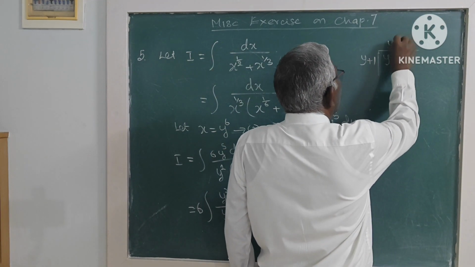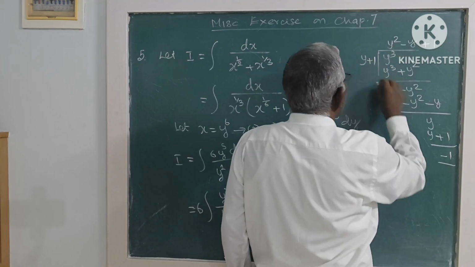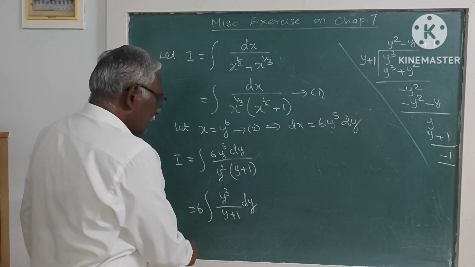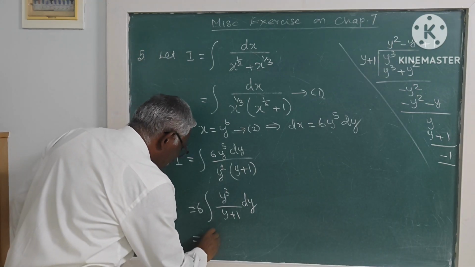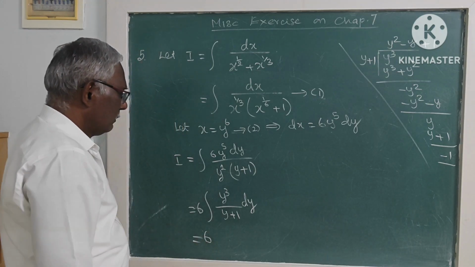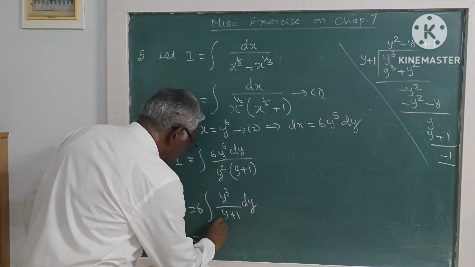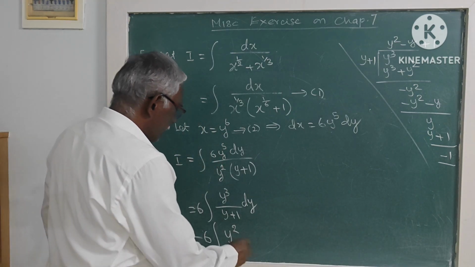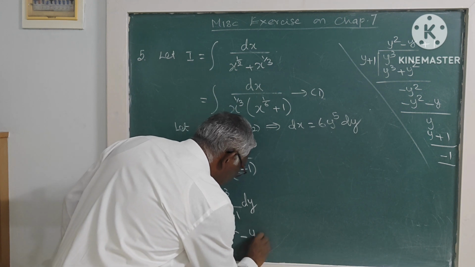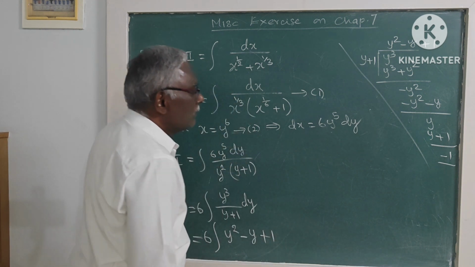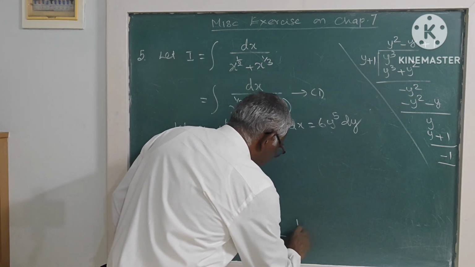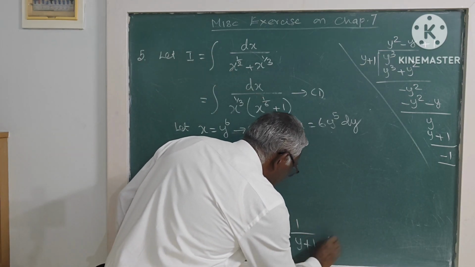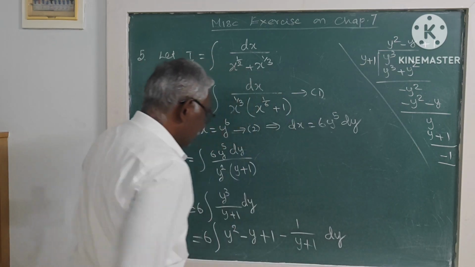Now we have to divide y cube by y plus 1. So y square, y cube. So we can write this as 6 times integral y square minus y plus 1 minus 1 by y plus 1 dy.